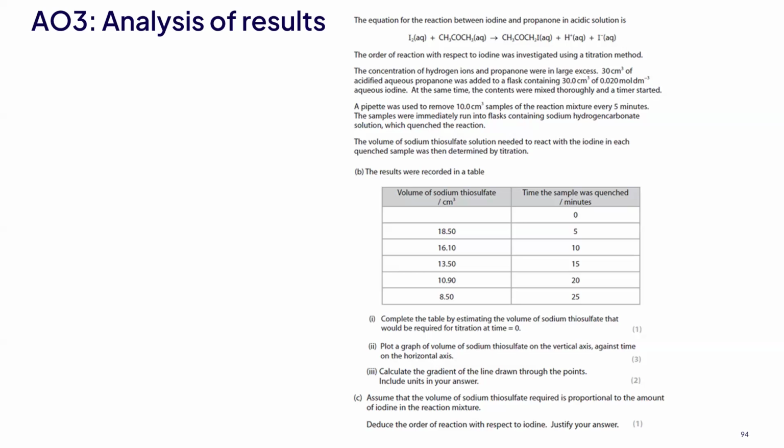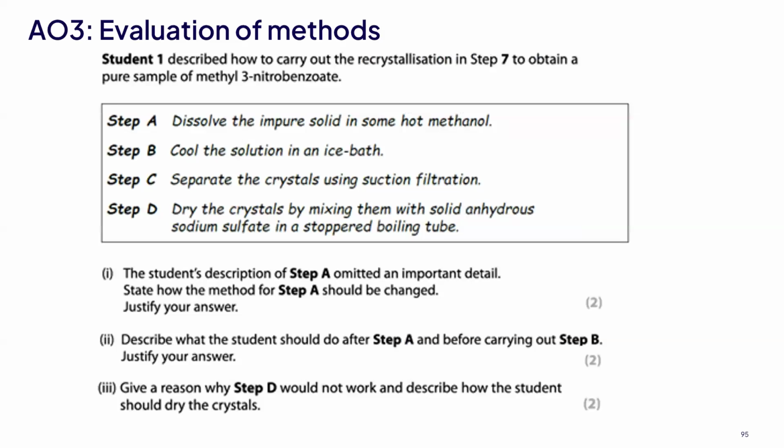Assume the volume of sodium thiosulfate required is proportional to the amount of iodine in the reaction mixture. Deduce the order of reaction with respect to iodine and justify your answer. Okay, so analysis of experimental results.